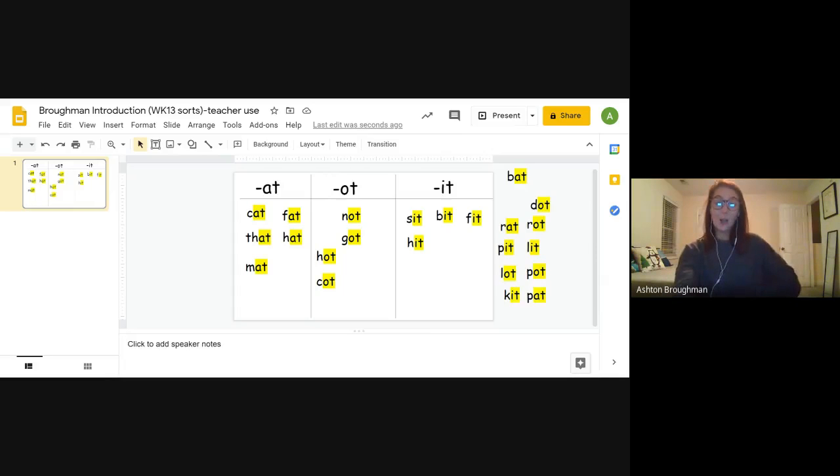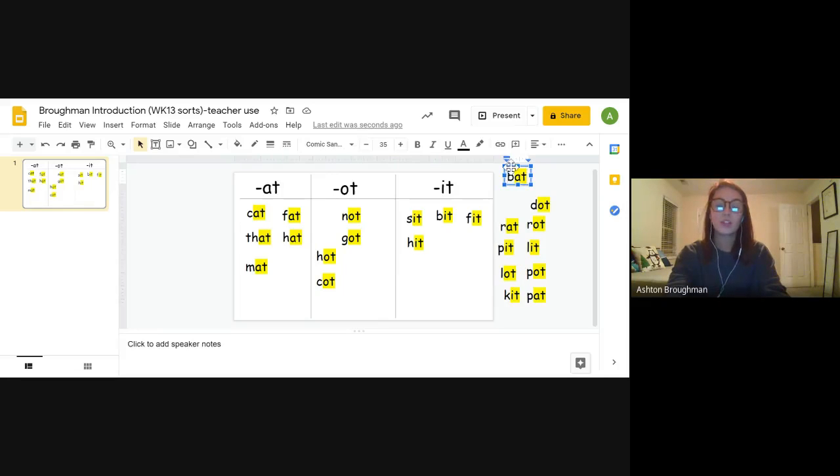At. Yes. So let's put those sounds together. B, at. Bat. Good job. And so what word family do you think the word bat belongs to? The at word family. Good job. Because it ends with AT.